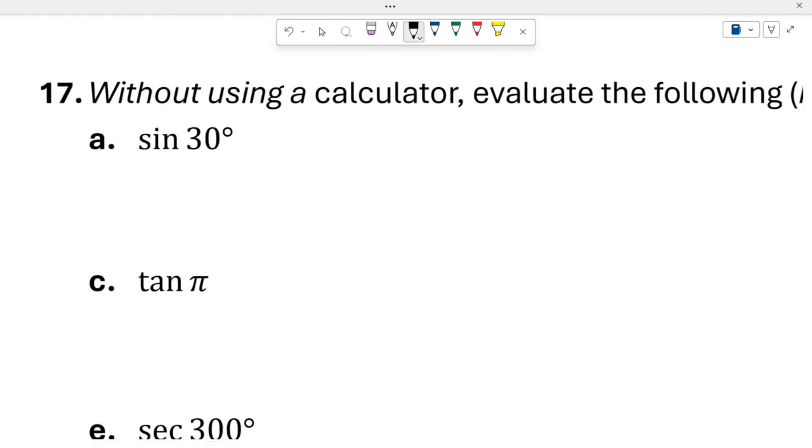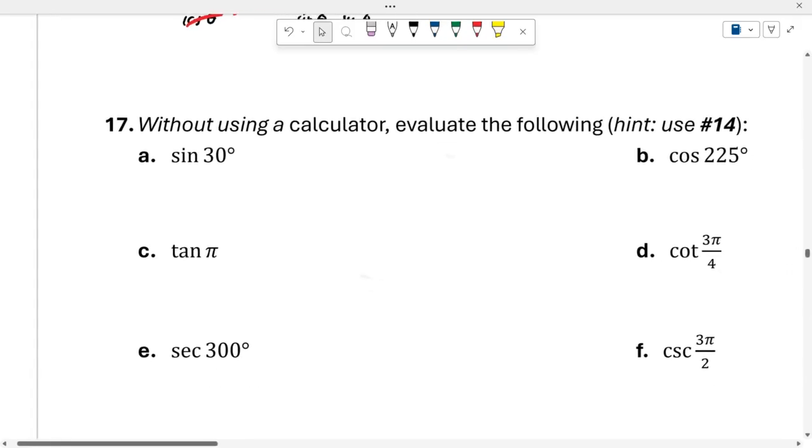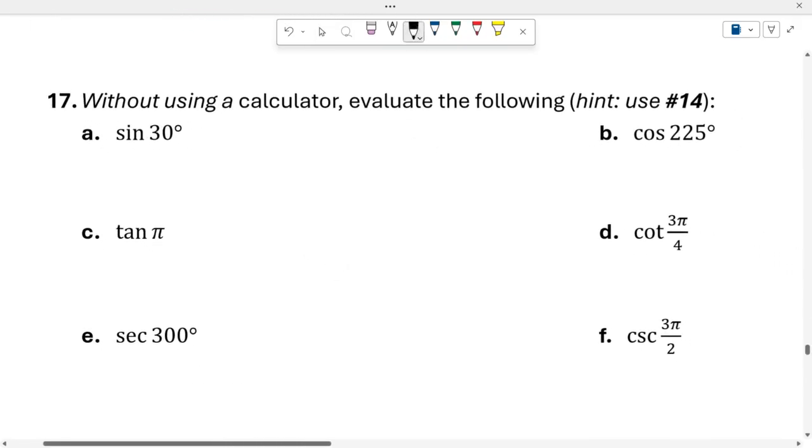All right, 17a. We want to evaluate the sine of 30 degrees. If I were being asked to evaluate this, the first thing I would do is either in my head or maybe with a quick sketch, whatever you find most helpful, think about where 30 degrees is on the unit circle.